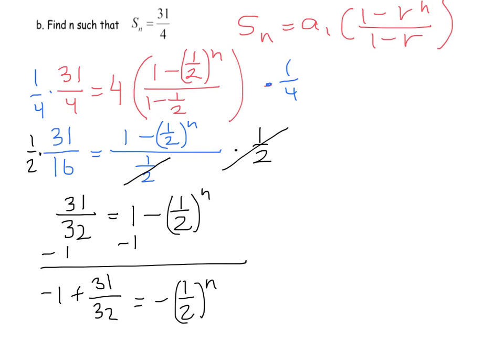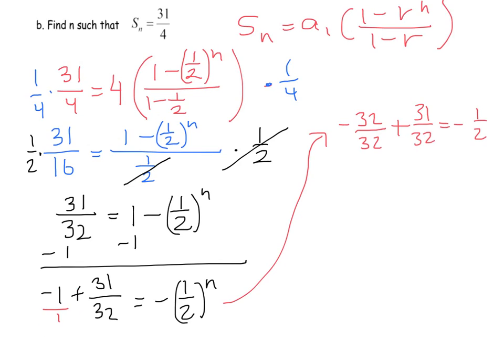Now if I find common denominators, which is going to be 32, I will have negative 32 over 32, which is again that negative 1 right here, plus 31 over 32 equals negative 1/2 to the nth power. Now if I combine these two fractions, I get negative 1 over 32 equals negative 1/2 to the nth power.